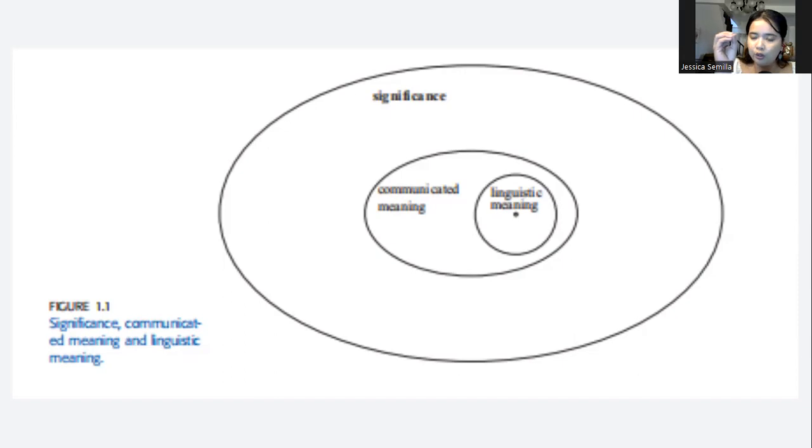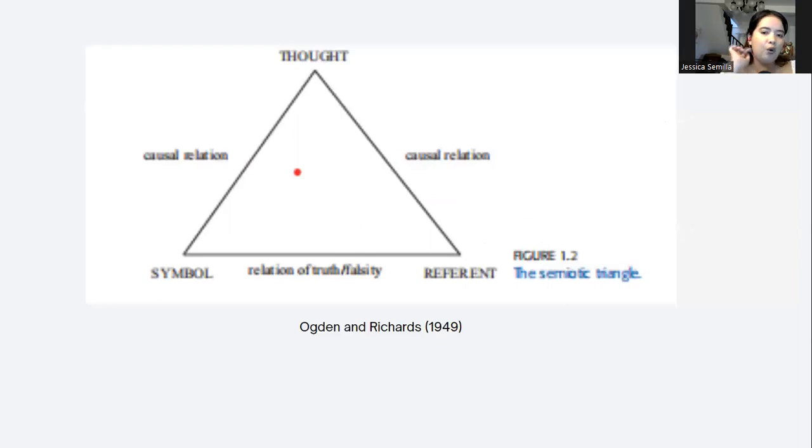Again, the meaning of a certain word differs when it is communicated, and when it becomes relevant to another word or a different context. Okay, so let's proceed now. According to Ogden and Richards 1949, we have what we call the semiotic triangle. What do you mean by semiotic triangle?